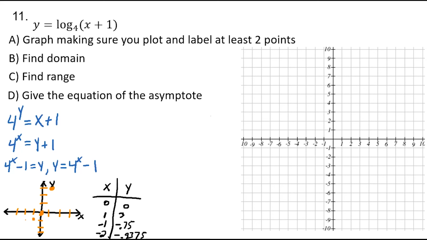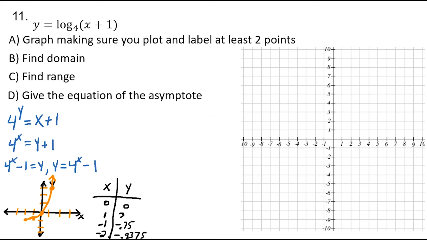Right. So that's very close to negative 1, but it doesn't touch it. So it looks like this graph is approaching negative 1, but it's not going to touch it. So let me go ahead and sketch in what my graph will look like with these points. I have something like this, and then going in this direction.